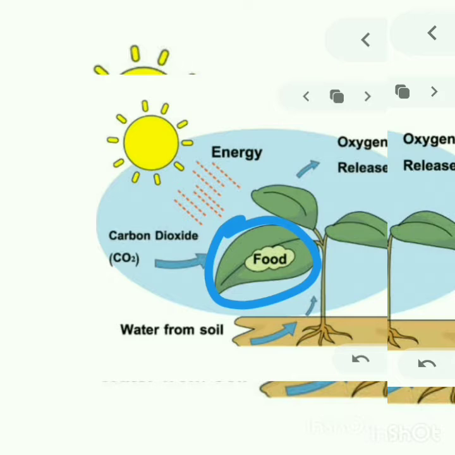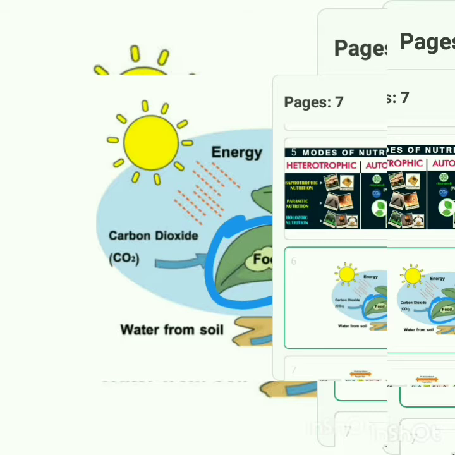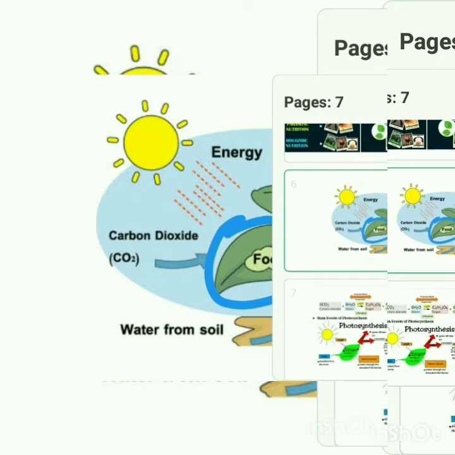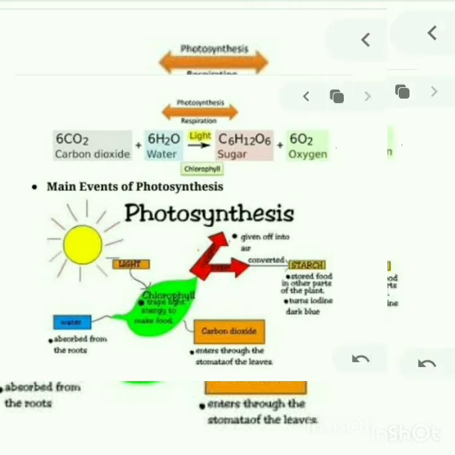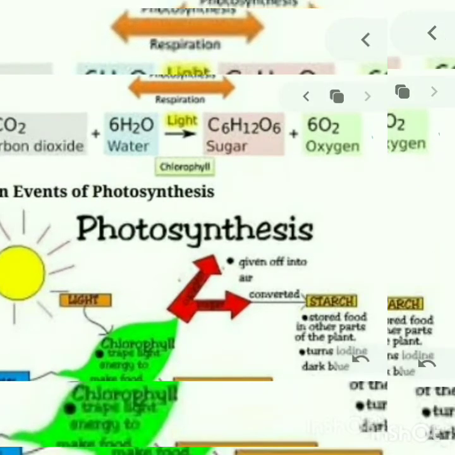Photosynthesis is the process through which plants prepare their food. As you all can see on your screen, plants take carbon dioxide from the atmosphere. 6CO2 plus 6H2O in the presence of sunlight and chlorophyll gives C6H12O6 plus 6O2.